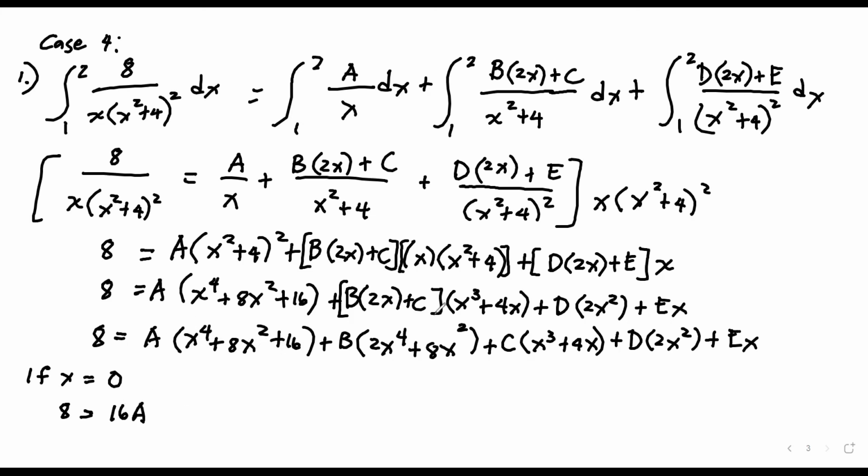The rest are 0, 0, 0, right? So divide both sides by 16. A equals 8 over 16.